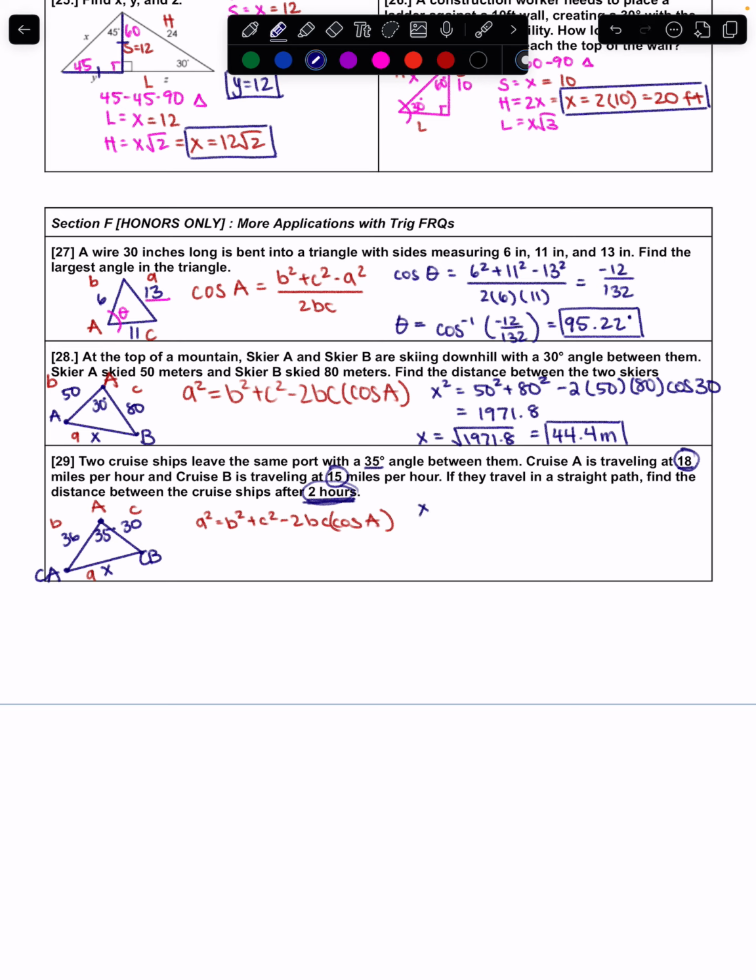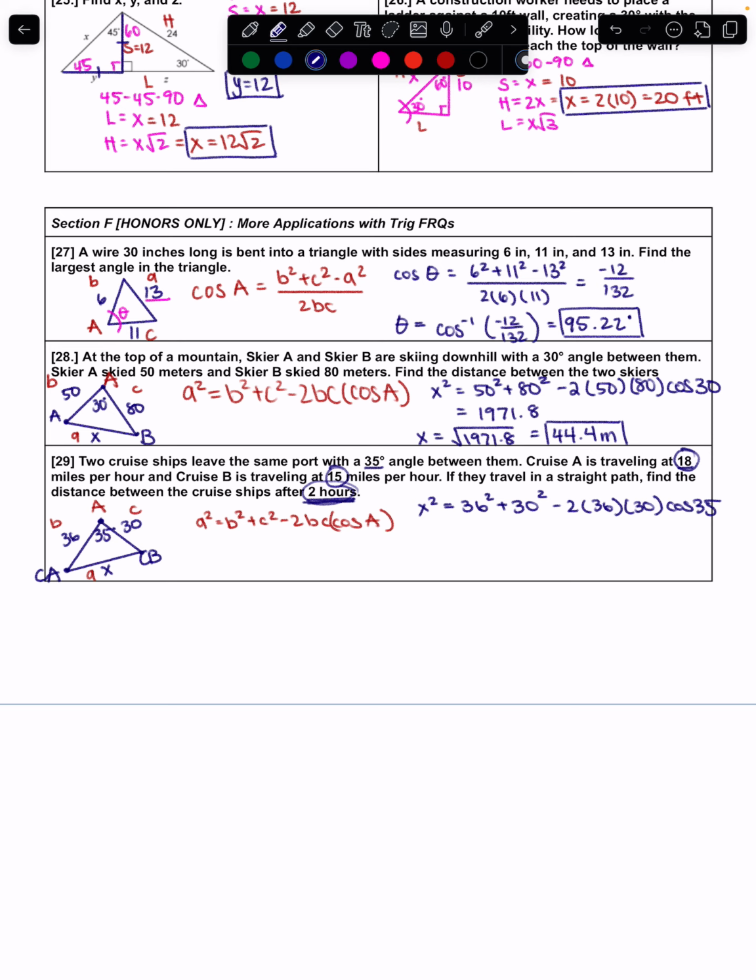So x squared is equal to 36 squared plus 30 squared minus 2 times 36 times 30 cosine 35. Okay, so let's put that in the calculator.